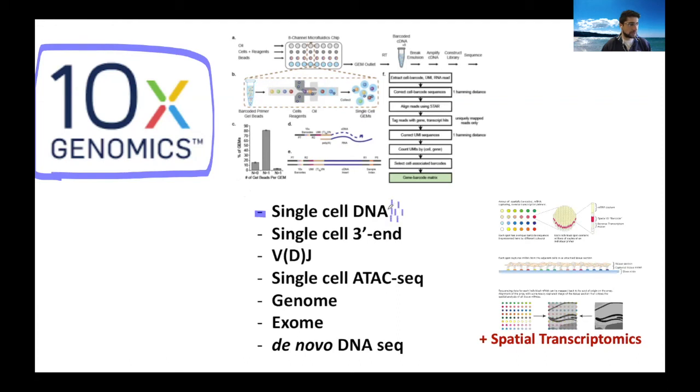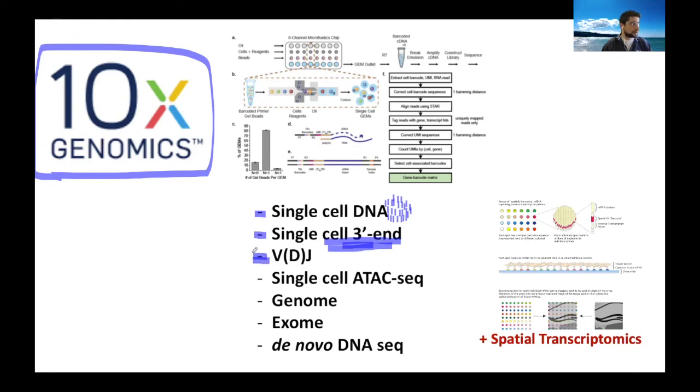If you want to sequence the DNA of a biopsy, you can use this to understand the mutational load for each single cell. You can do RNA-seq, which is the approach that we described. I just want to mention that this approach is only sequencing the 3' end of the transcript. You just want to see if a transcript is present or not. You don't care about the rest of the transcript.